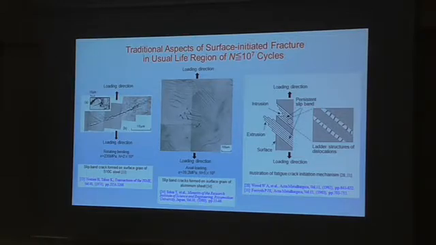And the right-hand side indicates the illustration of the fatigue crack initiation mechanism proposed by Wood and Forsyth, which is very famous. This model has been reconfirmed by many researchers.